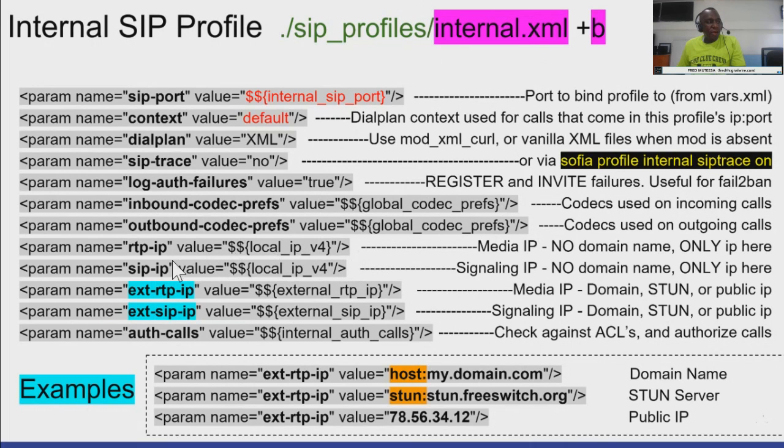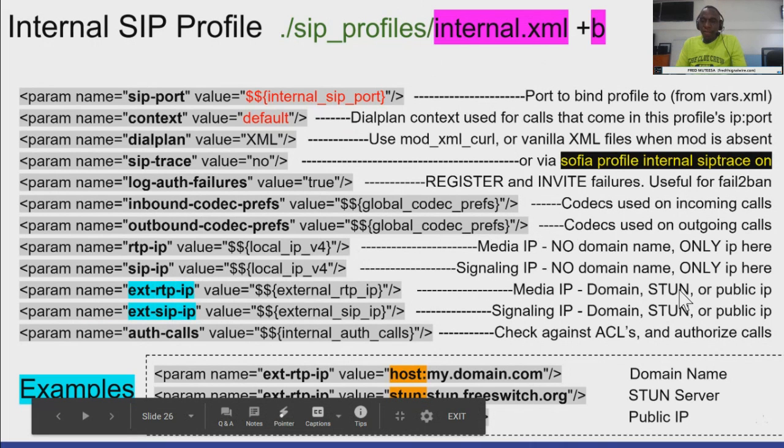Now, in addition to the RTP IP and SIP IP, we are also defining the external RTP IP and the external SIP IP. Those are IPs that are global, so they're accessible from the outside world. Once you define these variables, FreeSWITCH will be able to handle NAT for you, so you won't have issues of one-way audio or no audio. Once you have those configurations set properly, calls will have proper audio.